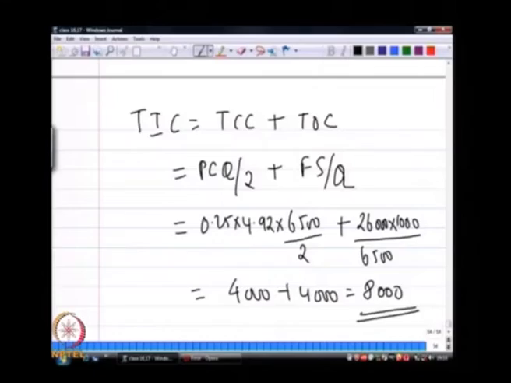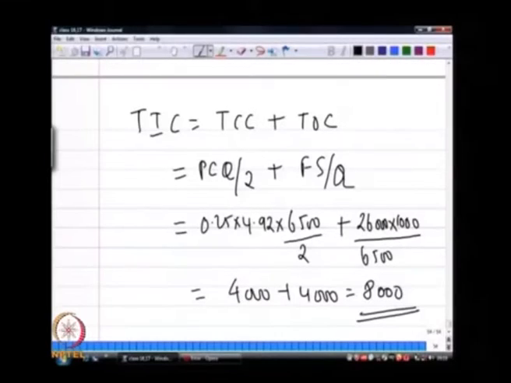Now, notice here that the total inventory cost at the economic order quantity is 8,000. Now, this 8,000 could be 2,000 plus 6,000 or 3,000 plus 5,000 or 4,000 plus 4,000, but it is necessarily 4,000 plus 4,000 in this case, because Q here is the economic order quantity, and this is no rocket science.